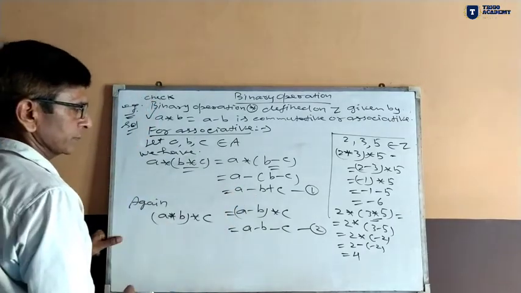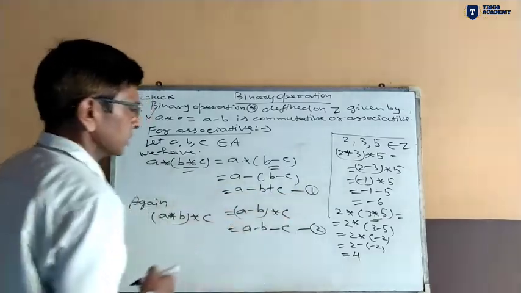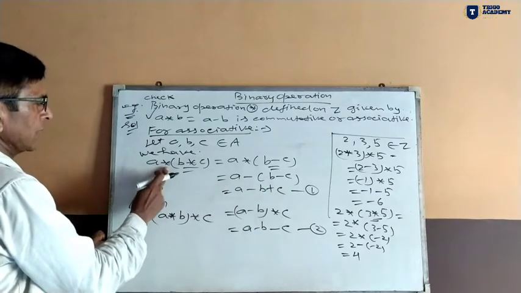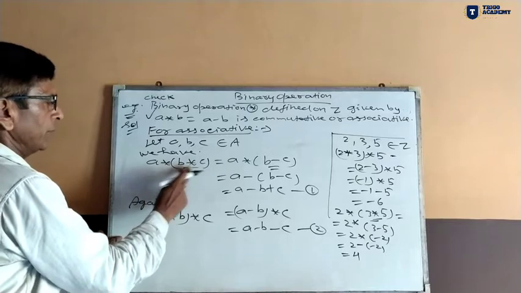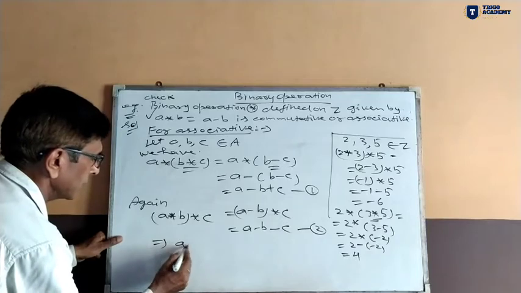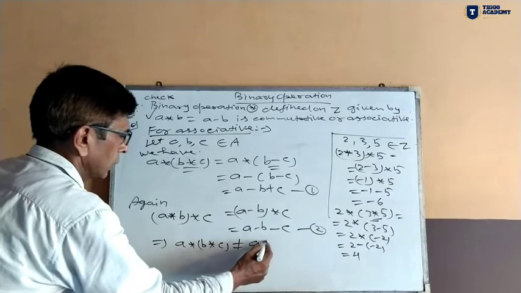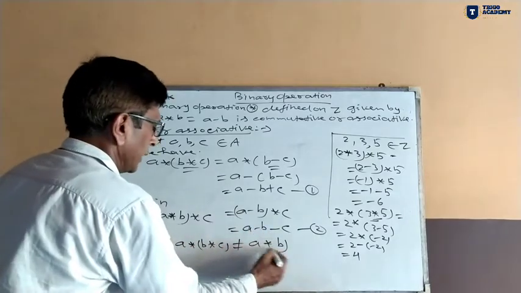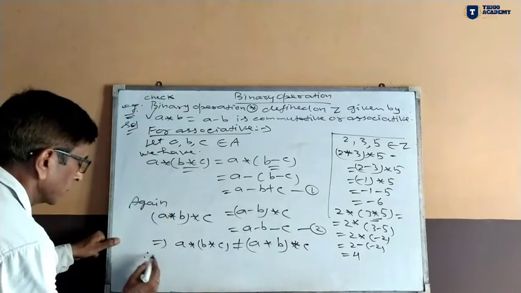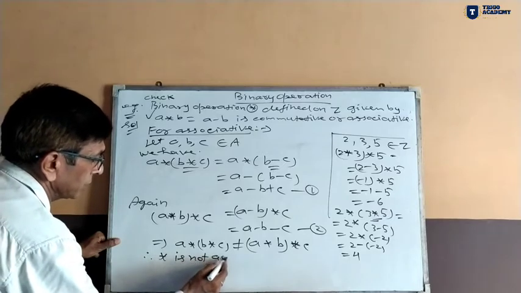In this way, by observing these two equations, the value of A star (B star C) is not equal to (A star B) star C. So this way we can say A star (B star C) is not equal to (A star B) star C. Okay, therefore star is not associative.